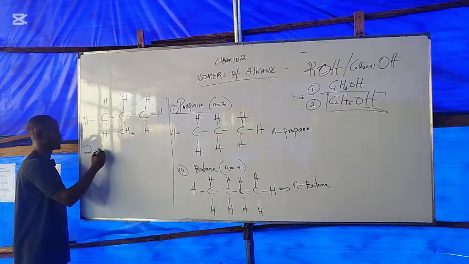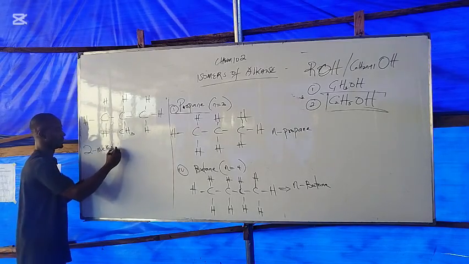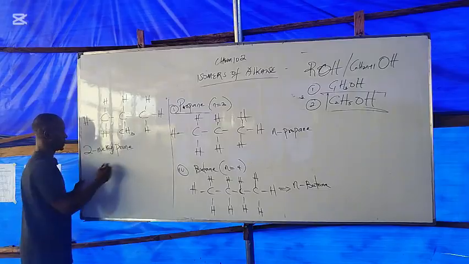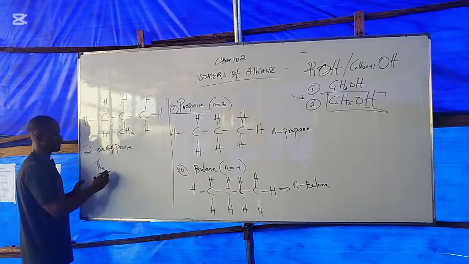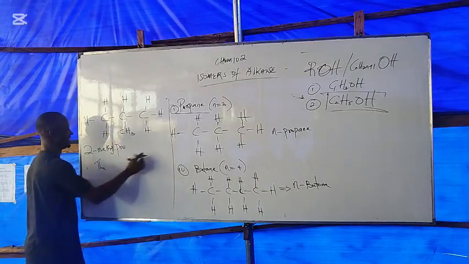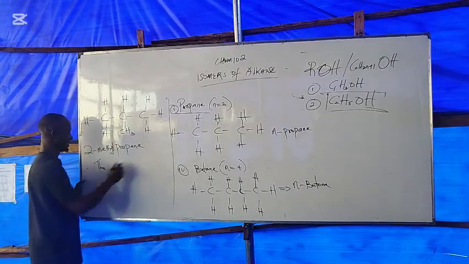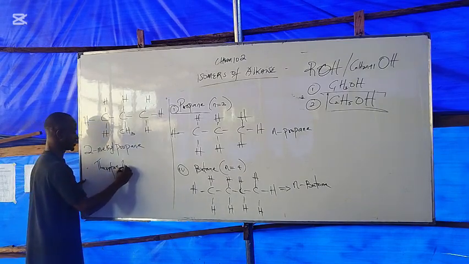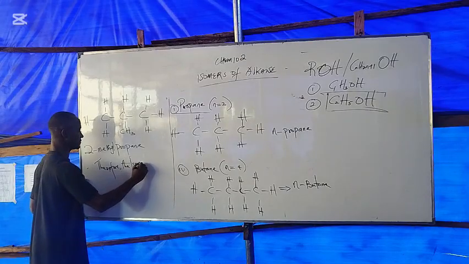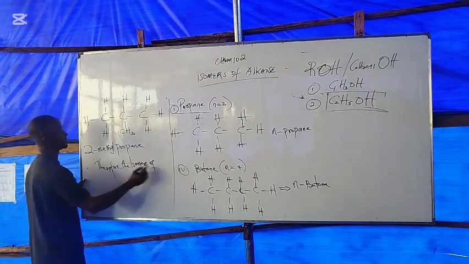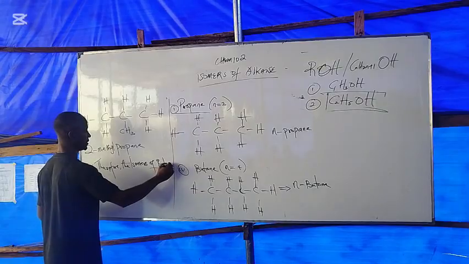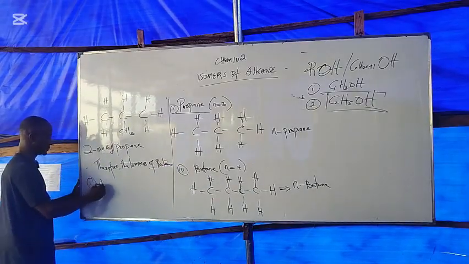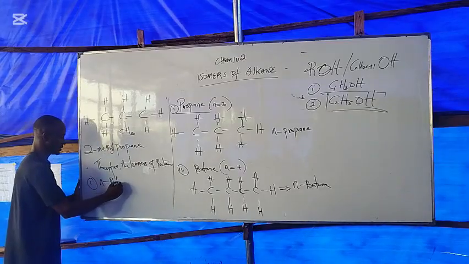So what do we call this compound? 2-methyl-propane. Therefore, the isomers of butane: the first one is n-butane.